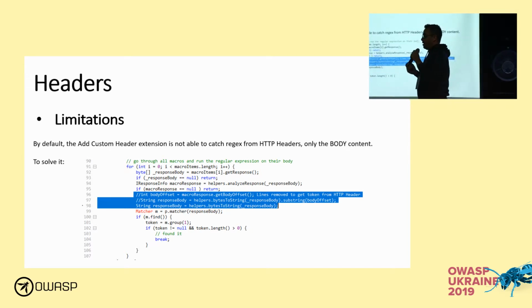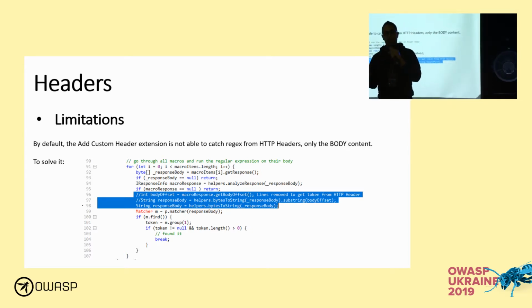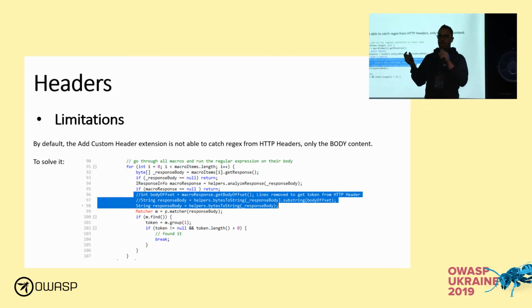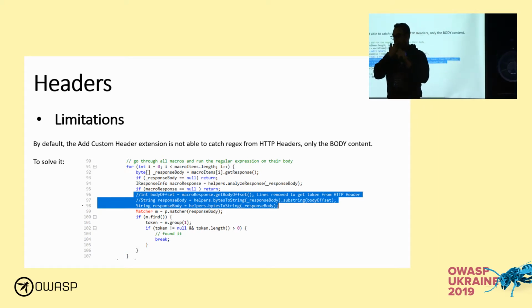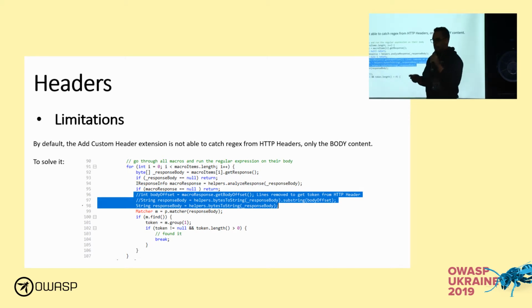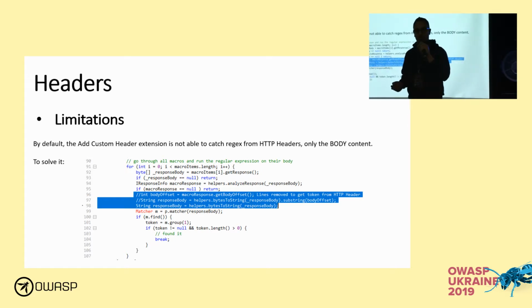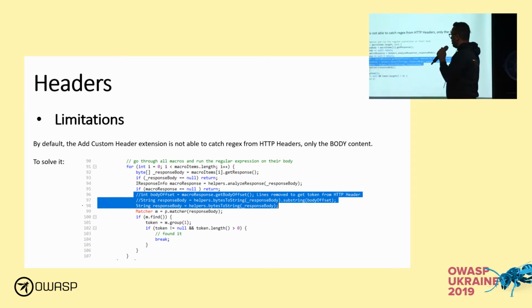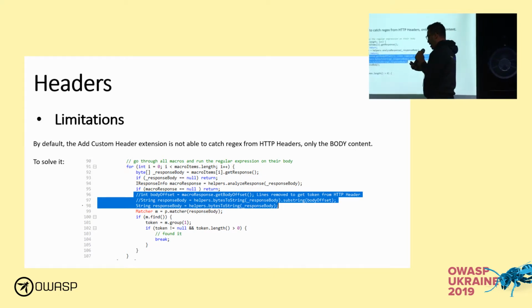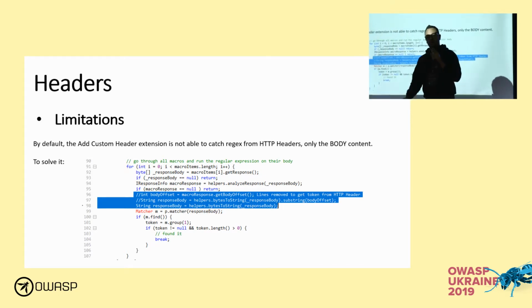Initially, it was designed to get the regex from the HTTP body. Then I realized it, and I had to do a patch for this code, okay? The patch was pretty simple. It's here, just changing some stuff in the code. And this was the first limitation.